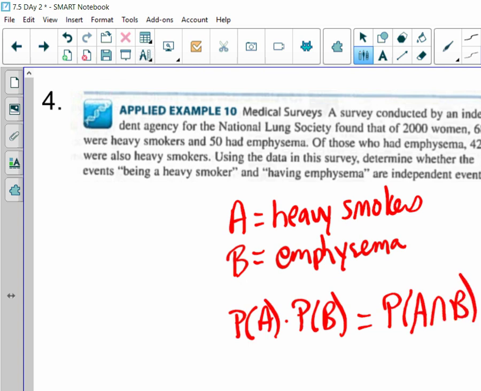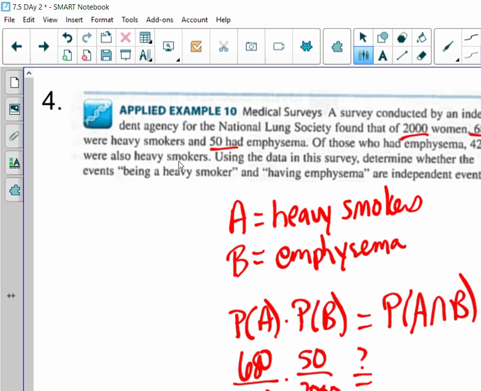That's our formula. So what is the chance of being a heavy smoker? 680 were heavy smokers out of 2,000, so that's 680 out of 2,000 times how many had emphysema? 50 out of 2,000, and I'm going to put a question mark.